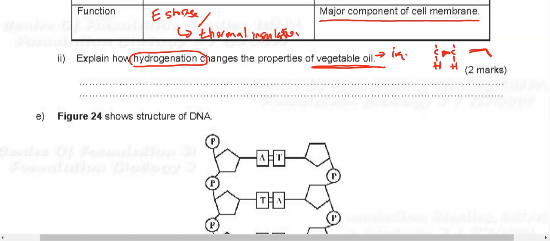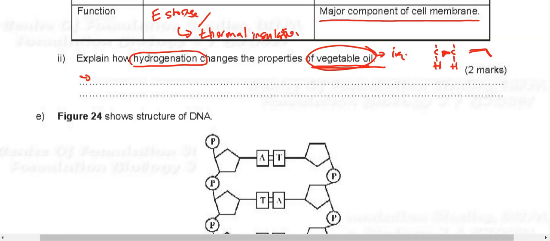So therefore, for your answer, explain how hydrogenation changes the properties of the vegetable oil. For the first point, you can write the process converts unsaturated fat into saturated fat, from vegetable oil to margarine, for example.